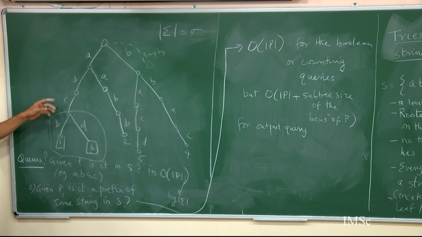How do I answer the counting query in order P time?